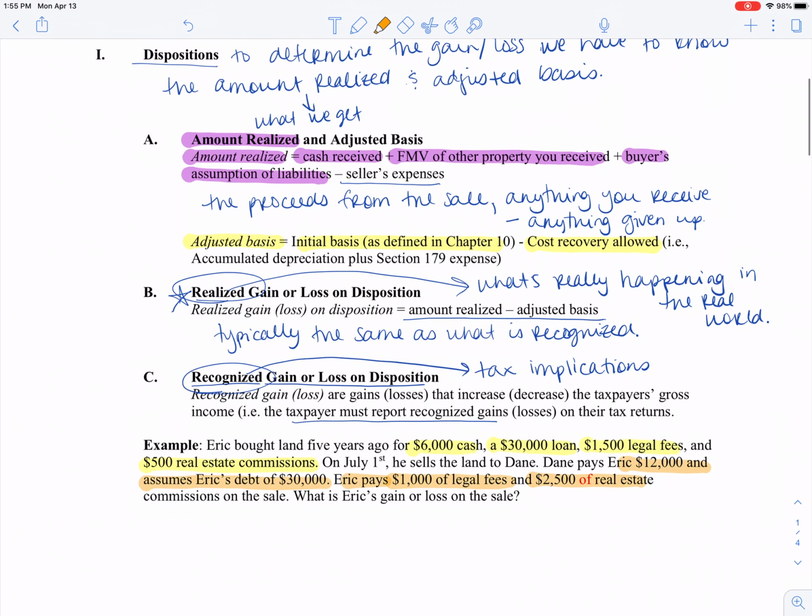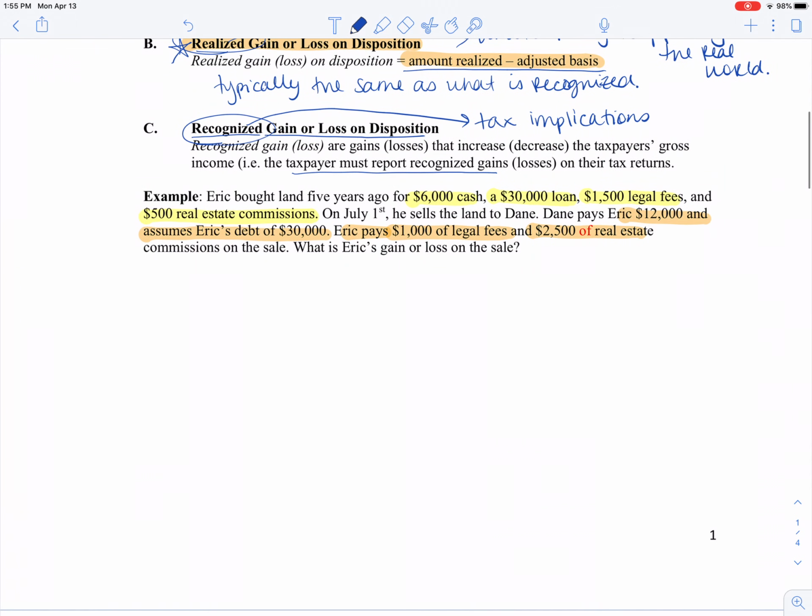So to figure out the realized gain or loss, I have to know the amount realized minus the adjusted basis. So I'm going to calculate those two things. Let's do the basis first. So Eric's basis: he paid $6,000 in cash.